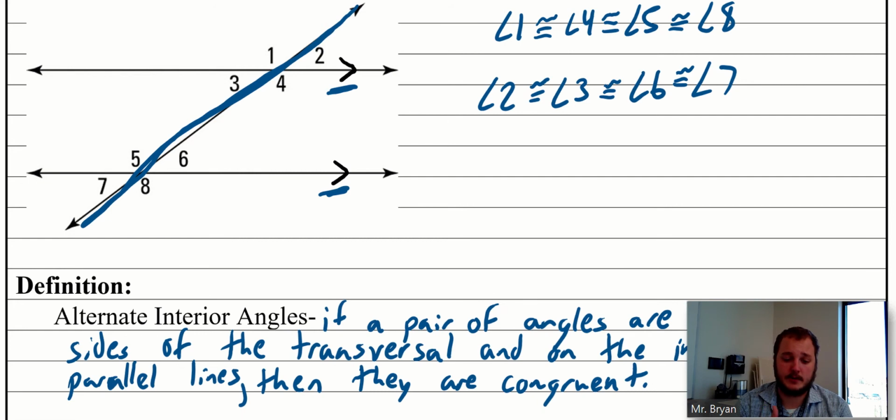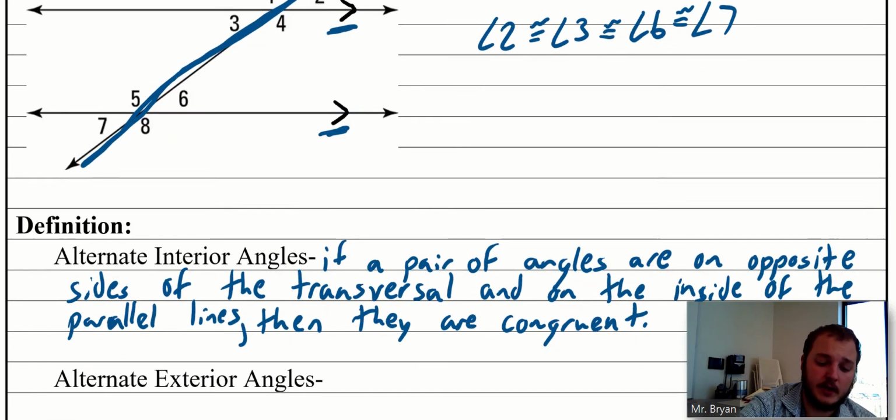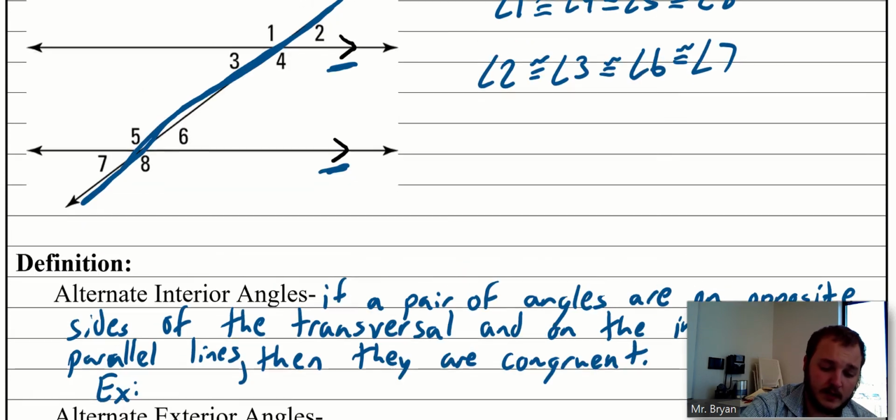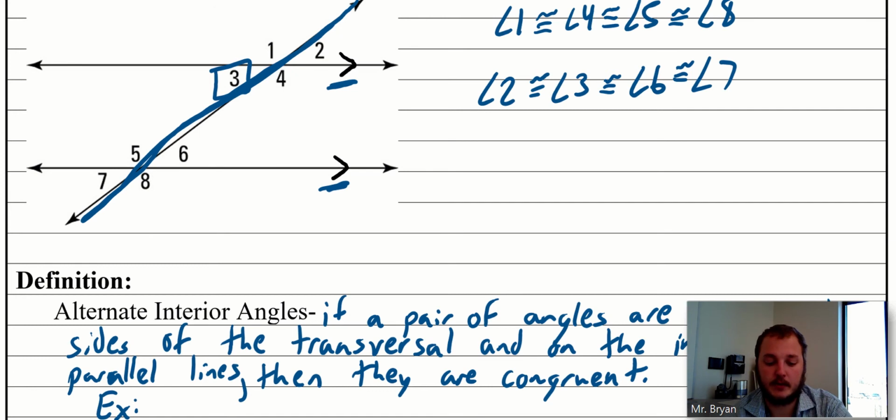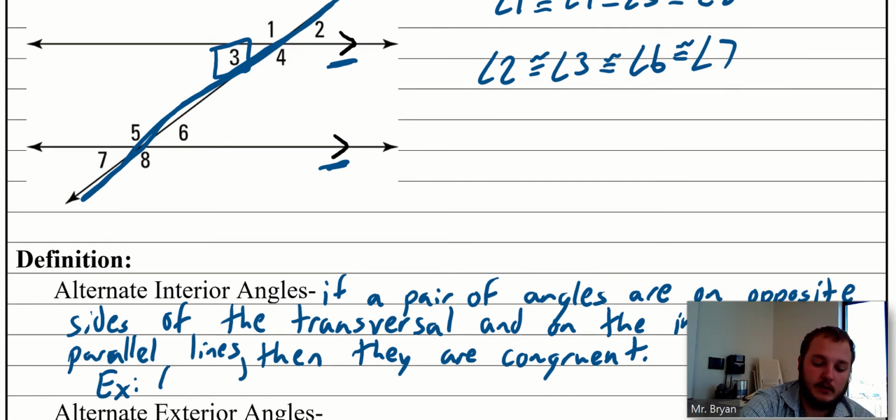Okay? And then alternate interior is saying they're on opposite sides of the transversal and they're on the inside of the parallel lines. So for example, if I want to use examples from this diagram that we just drew, if I look at angle 3 here, I see that is on the inside of the parallel lines. I'll use a box to stay consistent here. Okay, we have angle 3. That is on the inside of the parallel lines. I'm looking for another angle that is also on the inside, or the interior, of the parallel lines, and it's on the alternate side of the transversal.